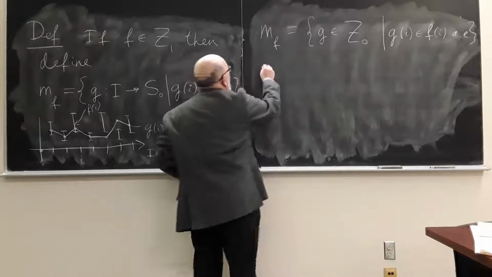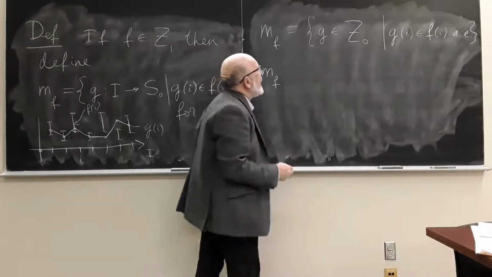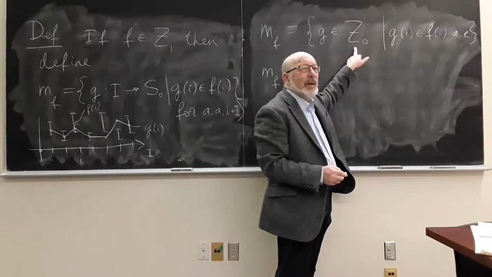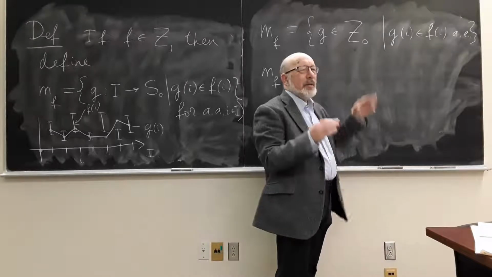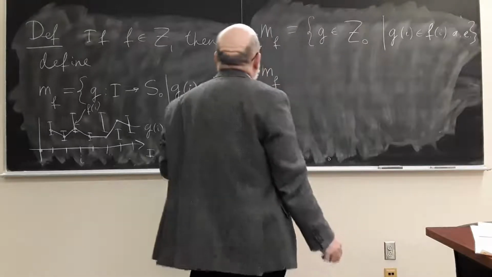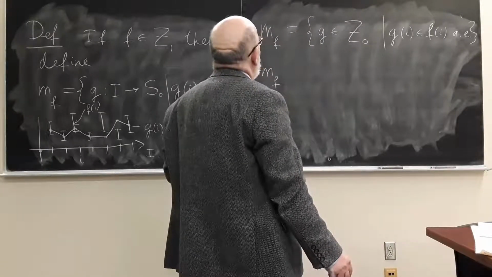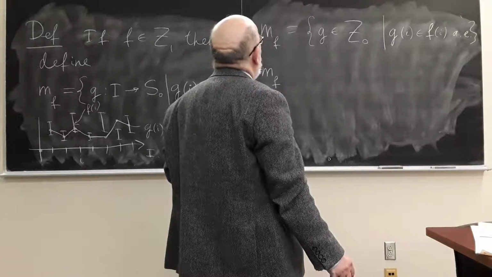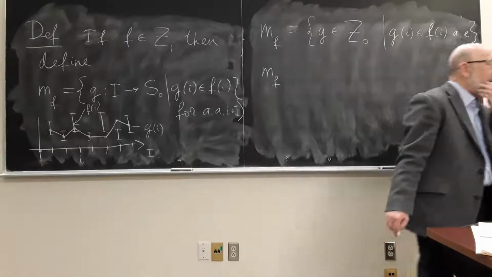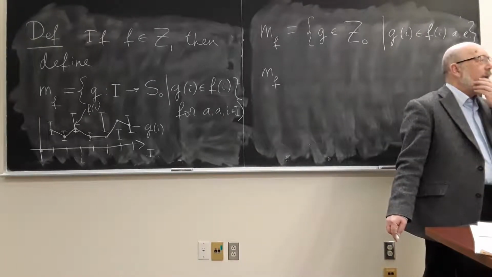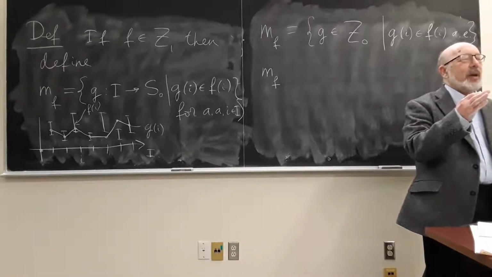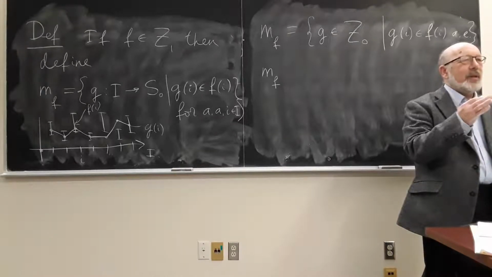This means that if we change g on a set of measure 0, then we have the same element if we factorize by this equivalence on Z0.